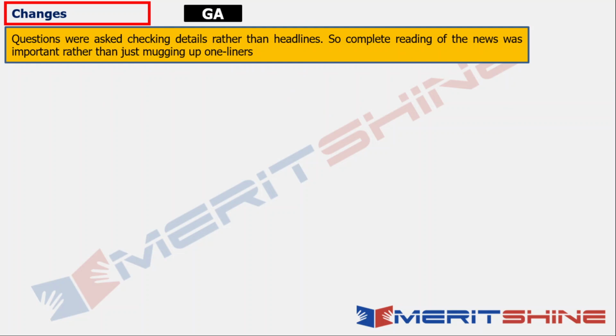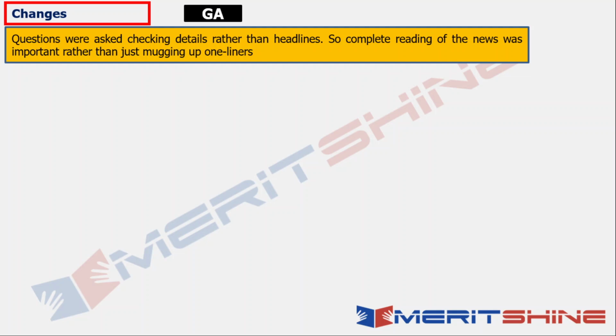Okay. So yes, that was an important change, but this is also true that, because of that, the requirement of your score in general awareness also reduced much. In past years, we had seen in RBI people scoring 60 out of 80, even 70 out of 80 in general awareness. Because they had been direct questions, you just mug up a compendium and your job is done. You don't need to read the news all year long, right?